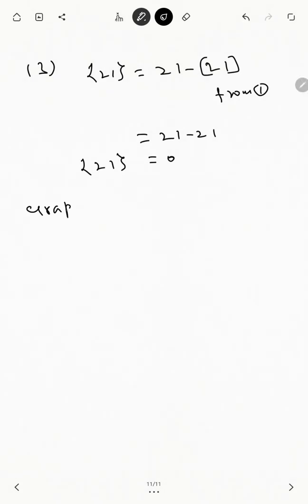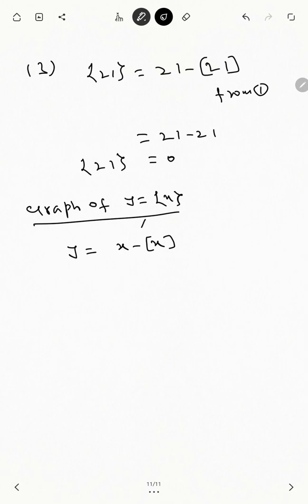Now the graph of y is equal to the fractional part of x. So y is equal to the fractional part of x means, what is the definition? x minus the integer part of x, from this only. So we are going to take intervals like 0 to 1, 1 to 2. Clear?